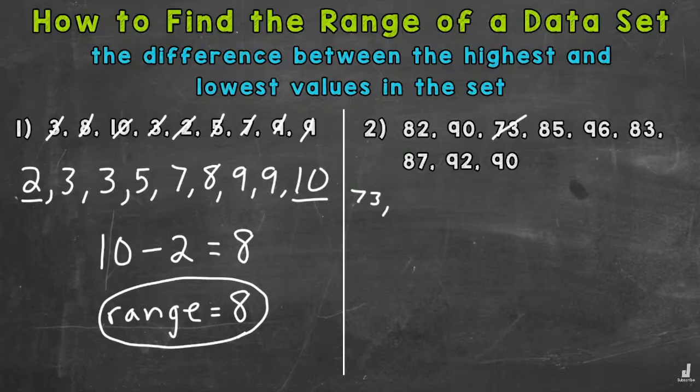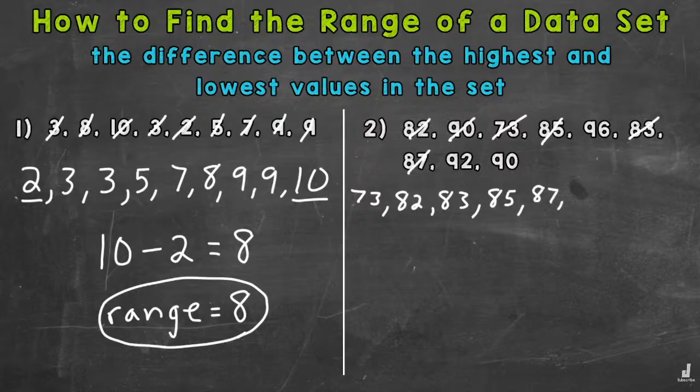Then we have an 82, 83, 85, 87, two 90s, and then a 92, and lastly 96.